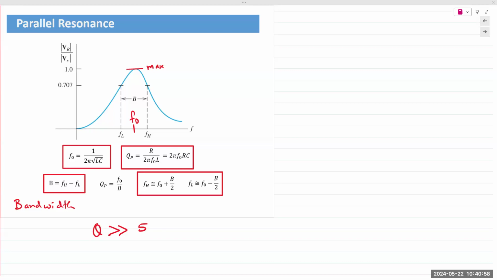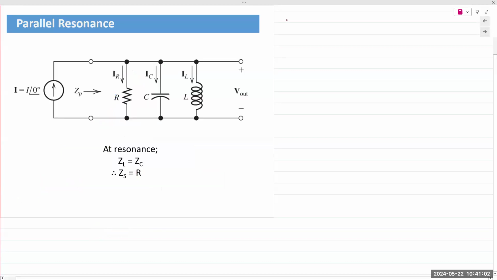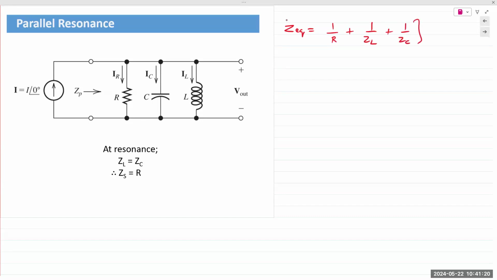Okay, so one explanation I want to give about the parallel resonance before we move on is that in parallel resonance, the total ZEQ, of course, is the reciprocal of 1 over ZL, 1 over R, and 1 over ZC, right?